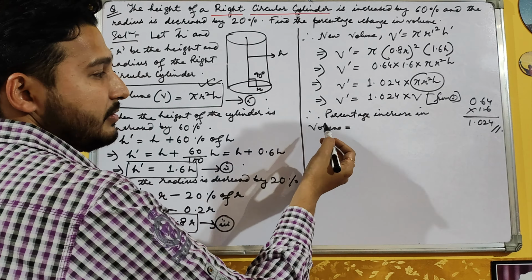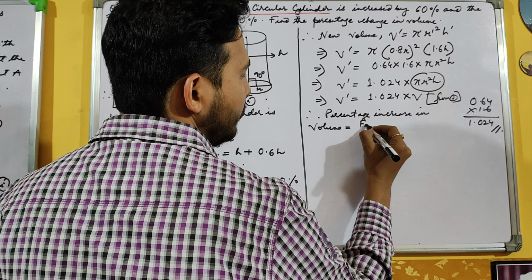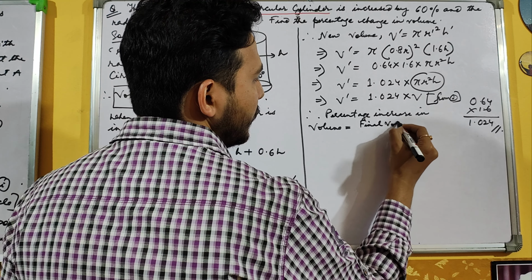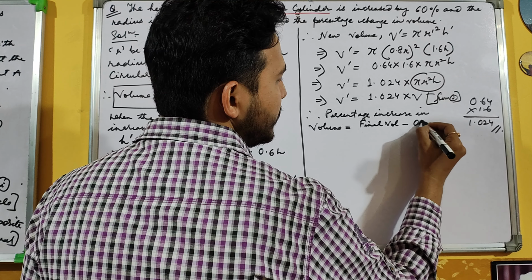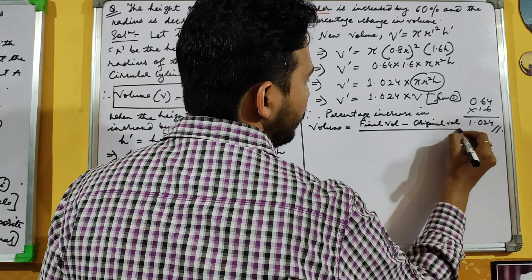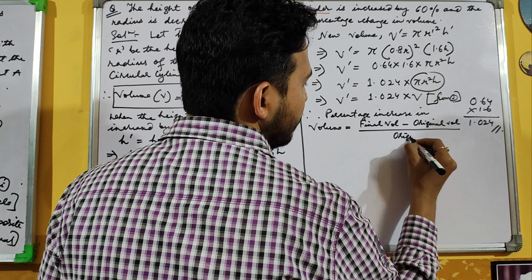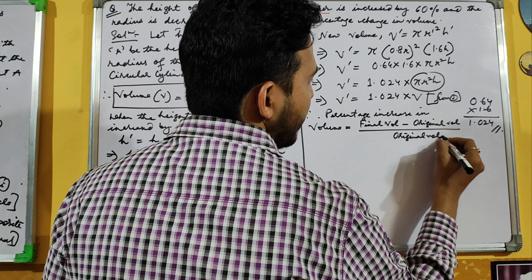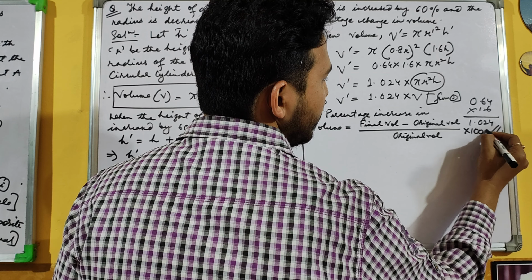So the quantity is nothing but here volume. So final volume minus original volume by original volume into 100%.